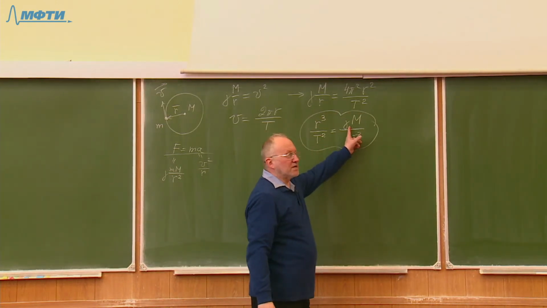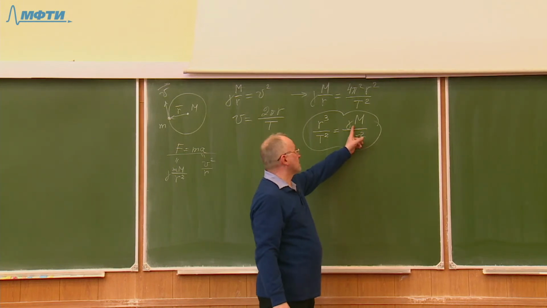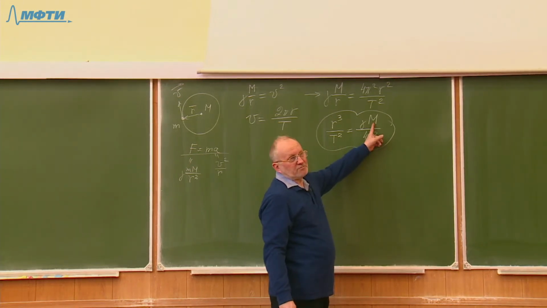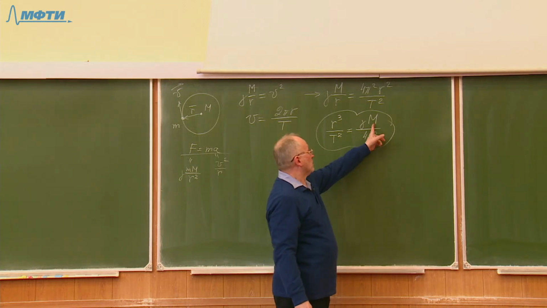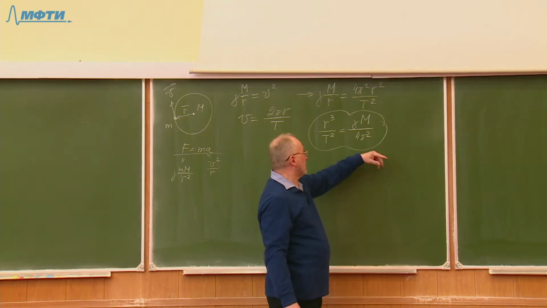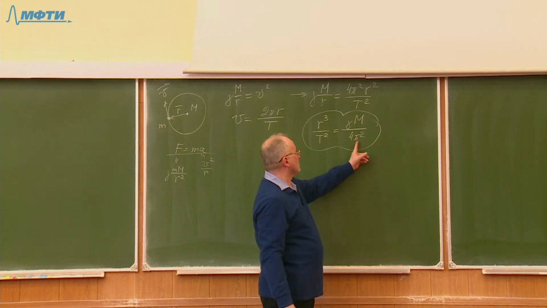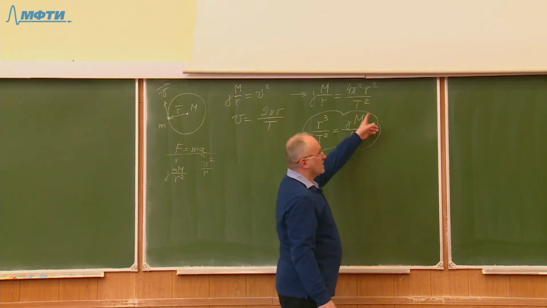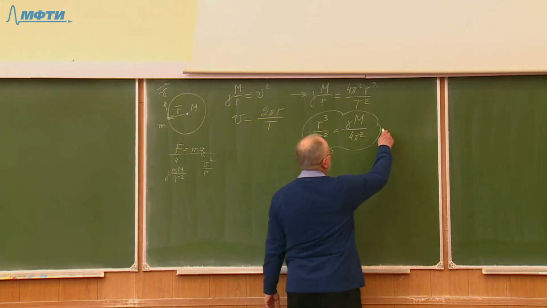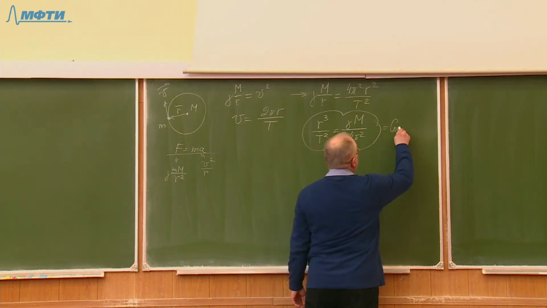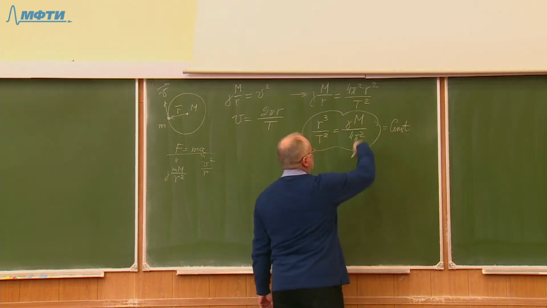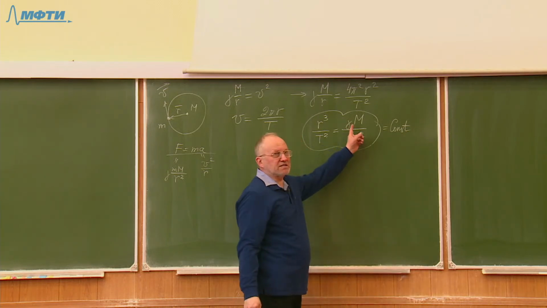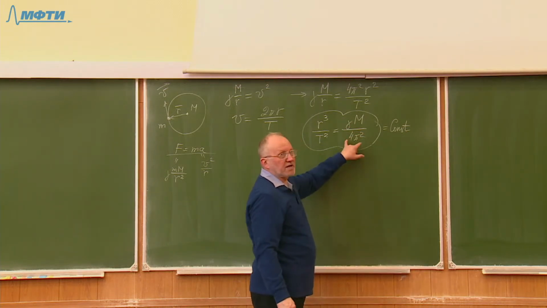Gamma is the universal gravitational constant, and M is the mass of the sun, which is the same for any planet, and 4 pi squared is another constant. So what we have on the right-hand side of this equation is constant for all the planets. It doesn't depend on the planet mass or the planet radius.